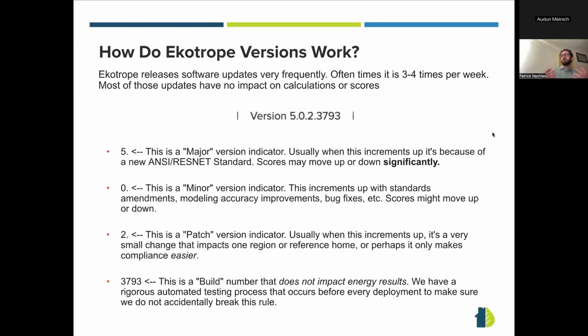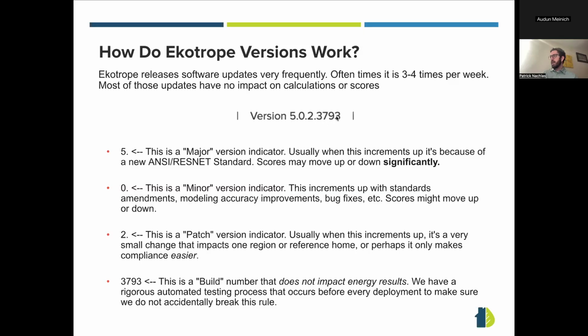So how do these versions work? What's in an Ekotrope version number? So I pulled this screenshot here. This is at the bottom of your page in Ekotrope RATER, and it said version 5.0.2.3793. So we've already talked a bit about the build number.